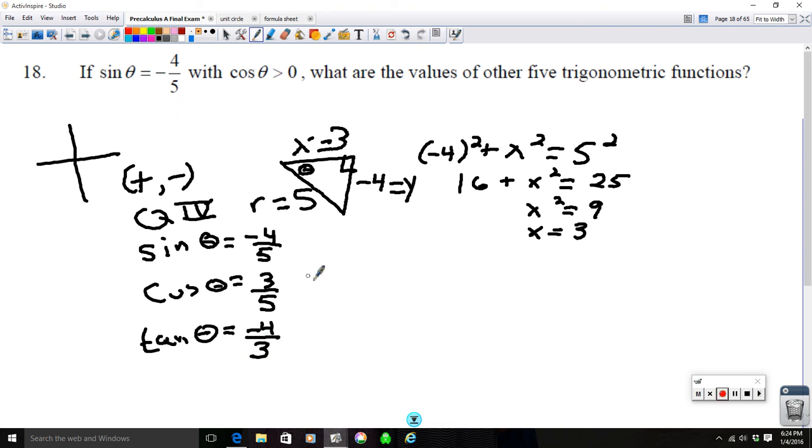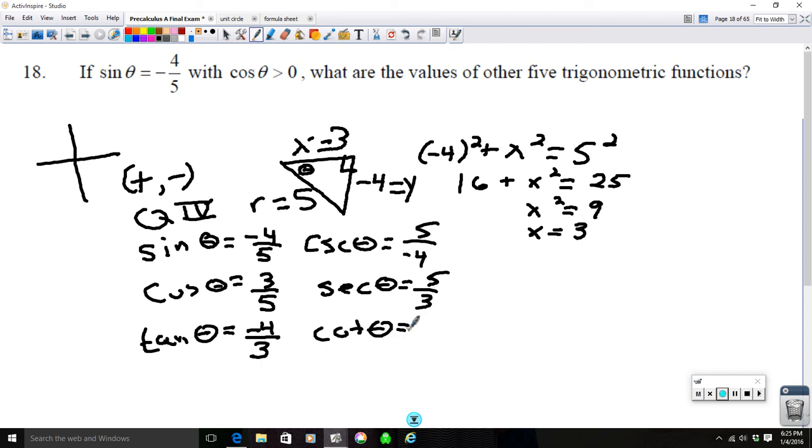And then we've got the reciprocal functions. Cosecant is going to be 5 over negative 4. Secant, 5 over 3. And finally, cotangent, which is 3 over negative 4.